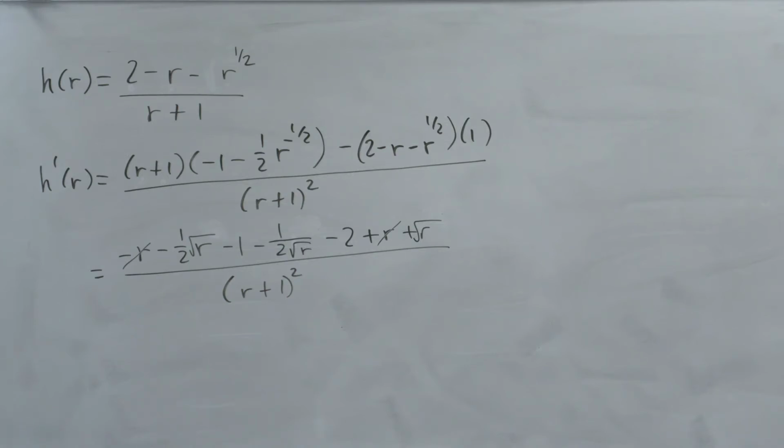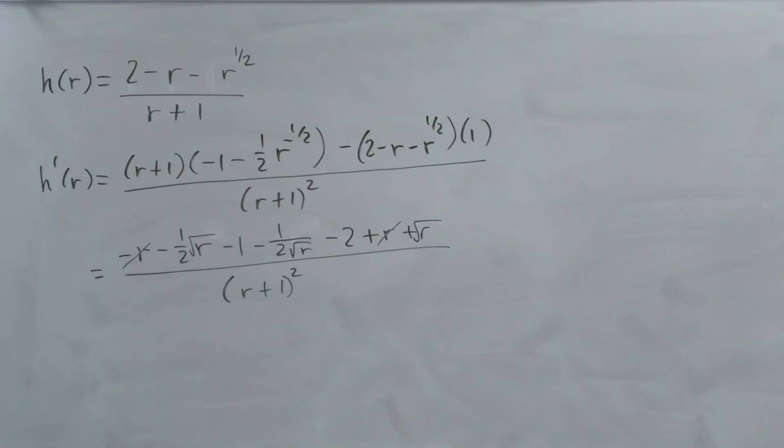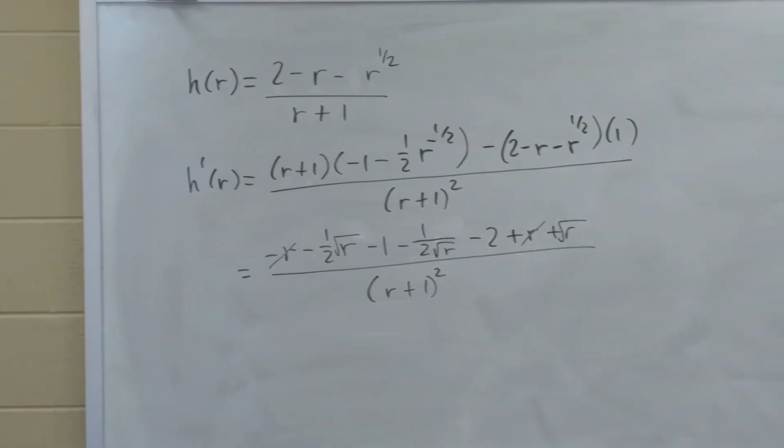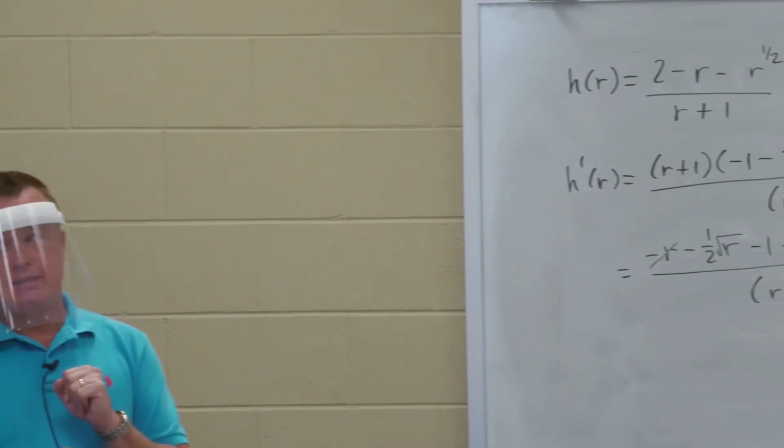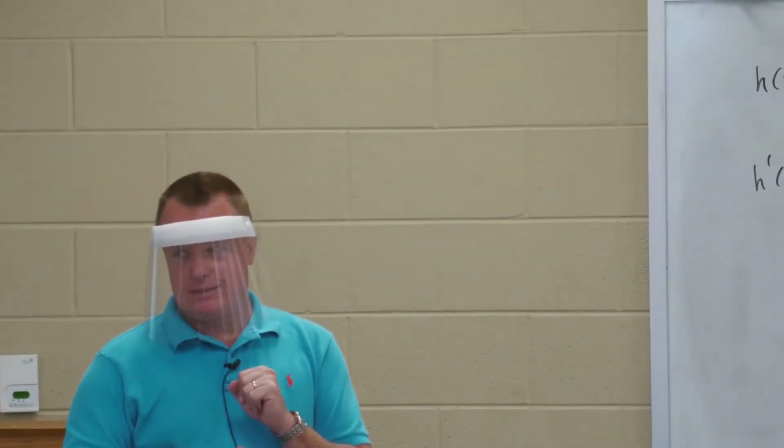Now I have a fraction inside of a fraction. I have 1/2 here, and I have 1 over 2 root r here. So if I have a fraction inside a fraction, how can I reduce that so I don't have that? What do I multiply the top and bottom by? That fraction, the common denominator?